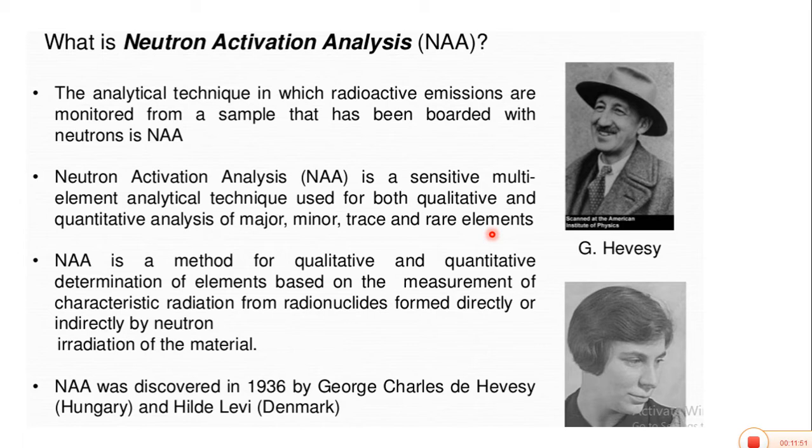You can determine only one element or one metal at a time with reference to a particular standard element. That is very costly, and a very lengthy process to measure each and every element inside the sample material.